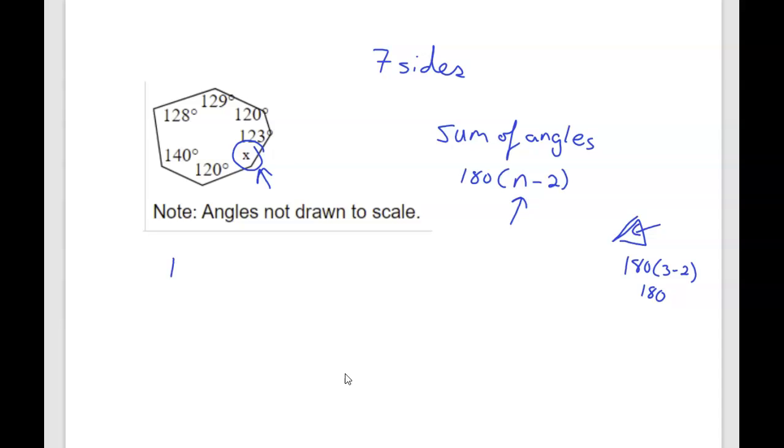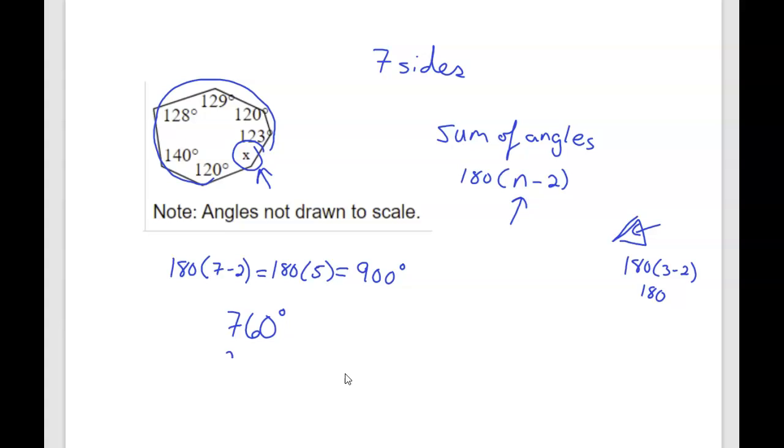So here we're going to take 180 times 7 minus 2. 7 minus 2 is 5. So that's 180 times 5. So the sum of these angles has to be 900 degrees. So we need to add all of these degrees up and see what those add up to be, and then subtract that amount from 900. So when I add all of those degrees up, I should get 760 degrees.